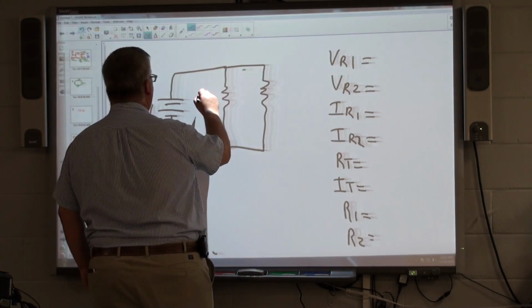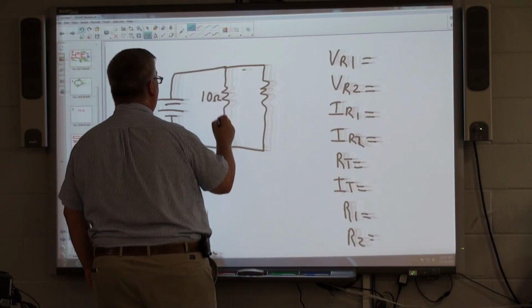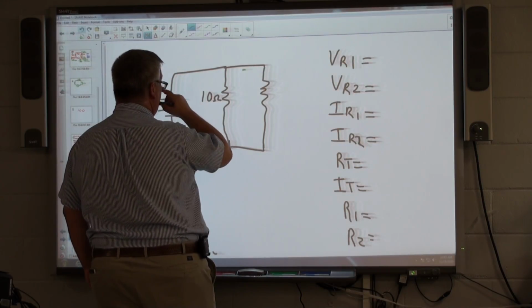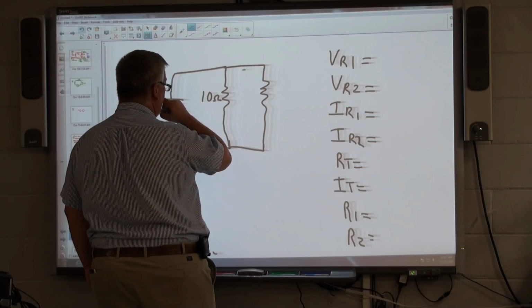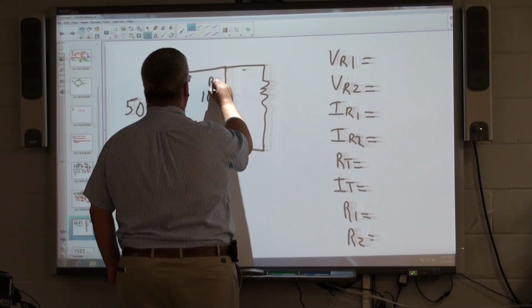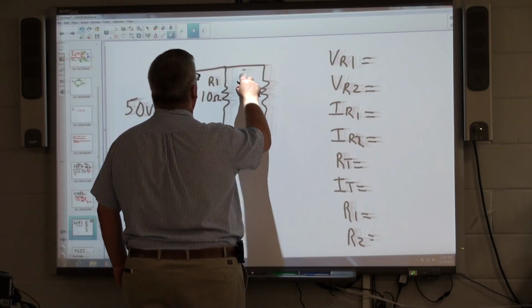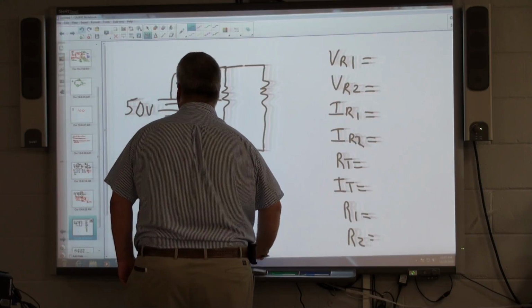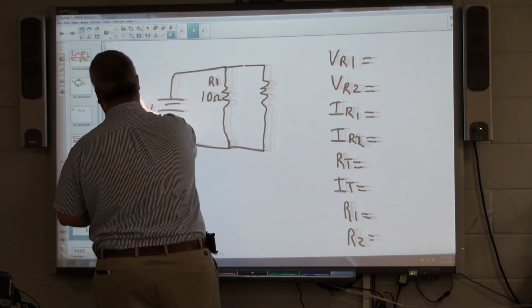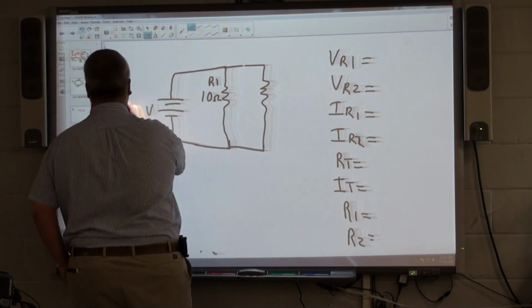So we're going to say this is 10 ohms. This is R1. I will keep it simple one more. Those still 50? Yeah, let's change that. Let's go 120.